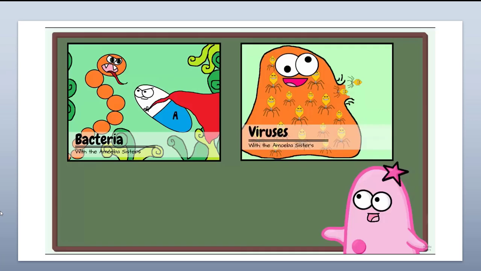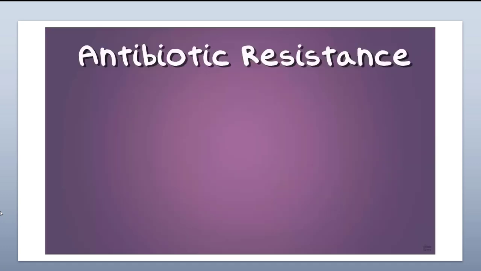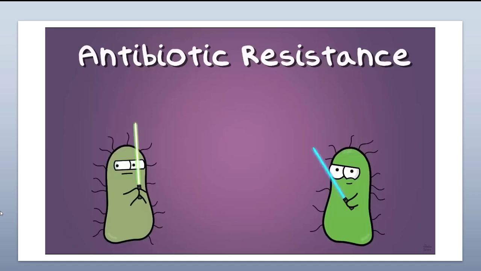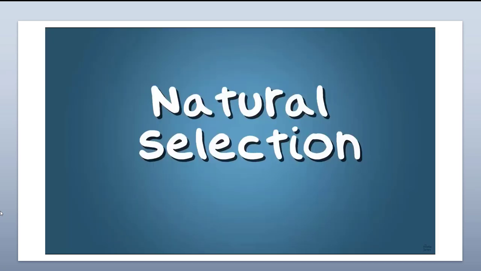We have another video all about bacteria and antibiotics, but this video is going to mention a concern we all have right now about antibiotic resistance that can happen in bacteria. It's also the perfect opportunity to illustrate a process that usually takes a very long time to see: natural selection.